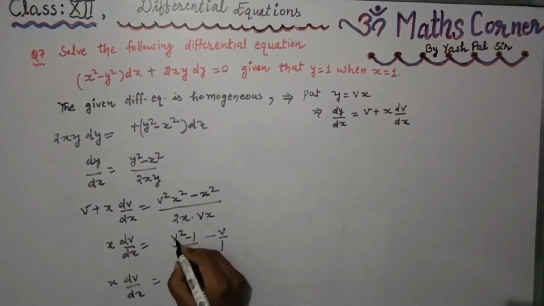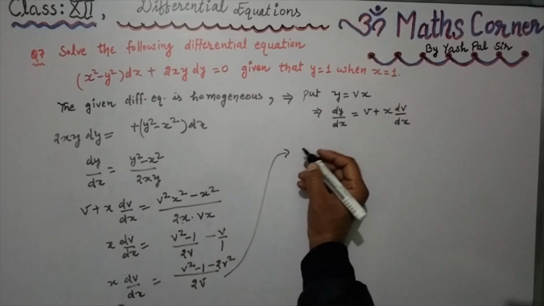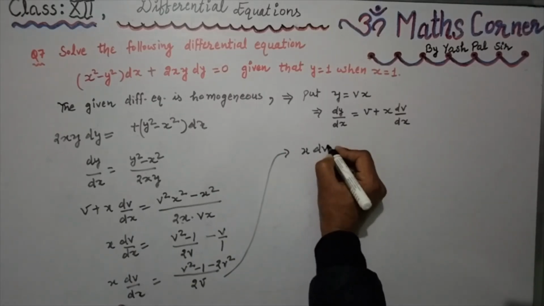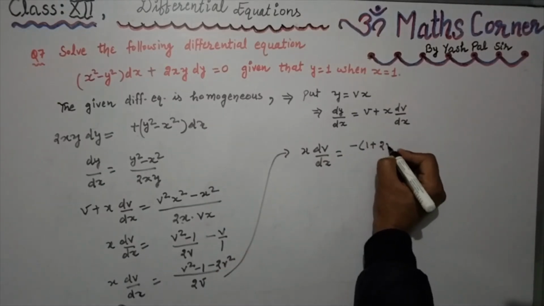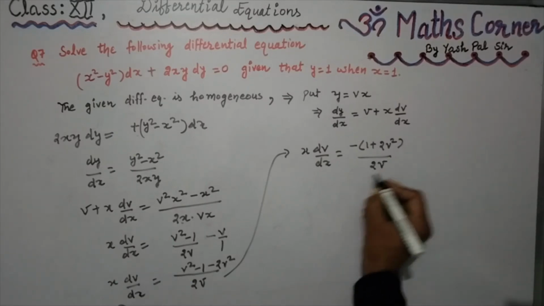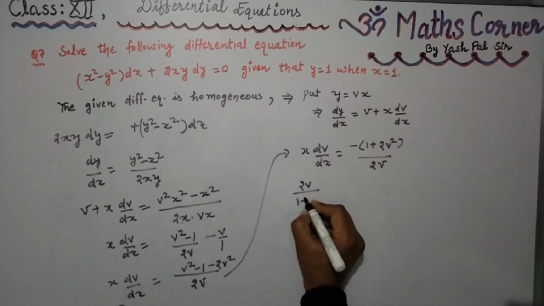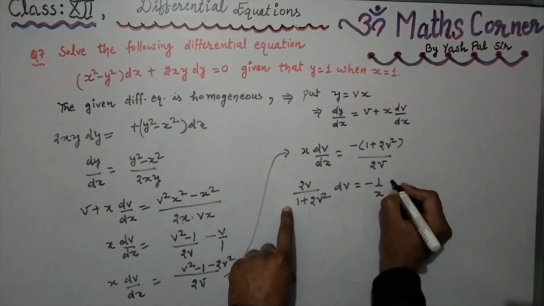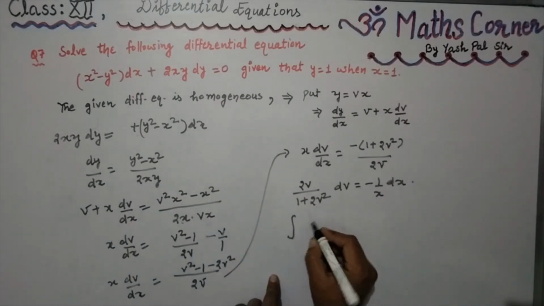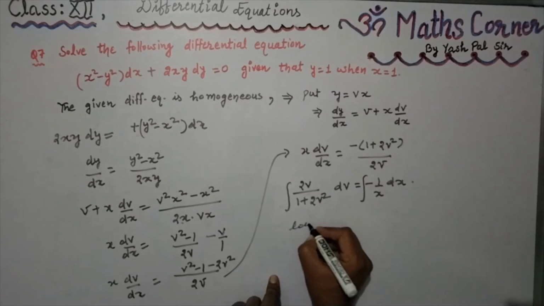Further, x into dv dx is equal to, 2v is the LCM, v square minus 1 minus 2v square. So x into dv dx is equal to minus, taking common, 1 plus v square upon 2v. Separating the variables, we have 2v upon 1 plus v square into dv is equal to minus 1 upon x into dx.